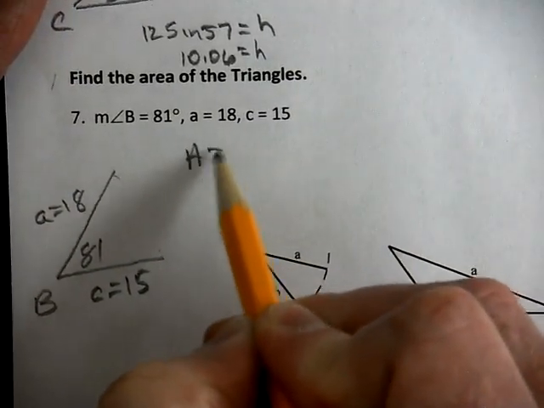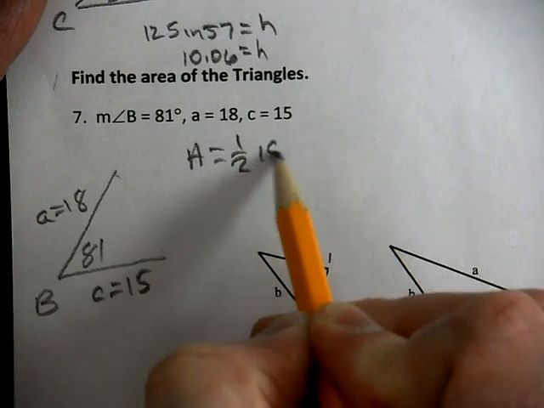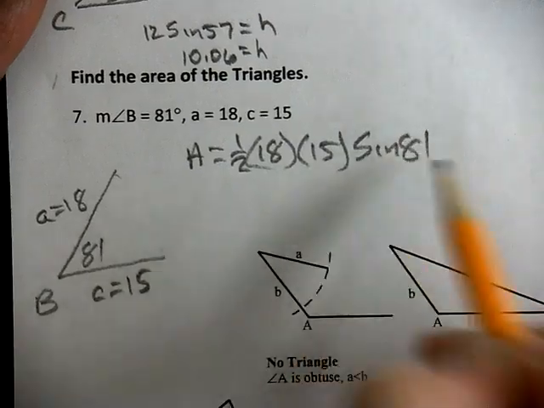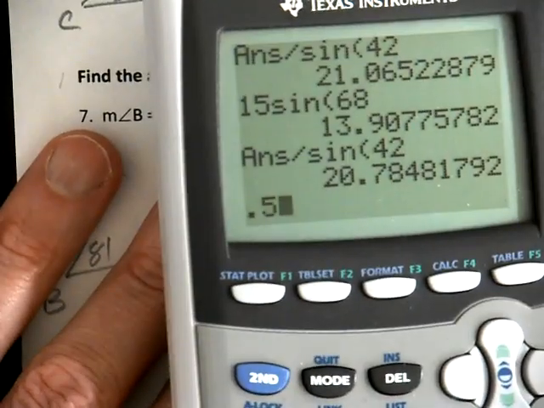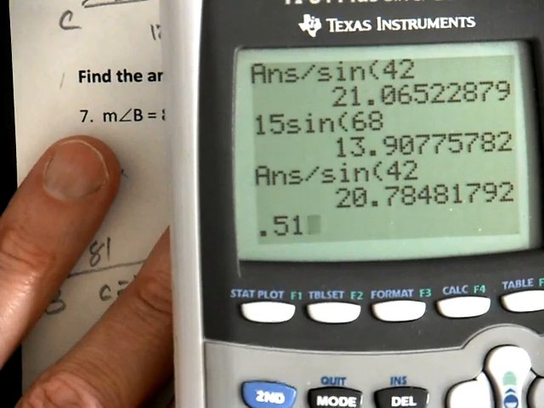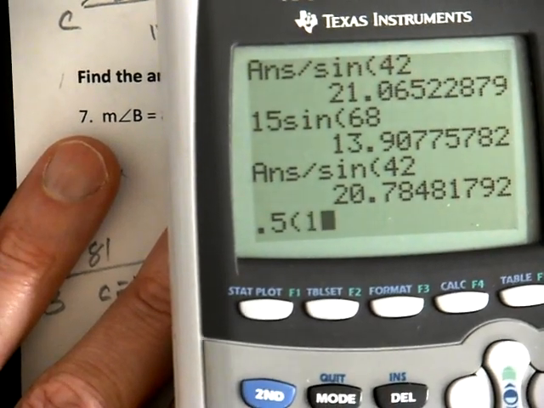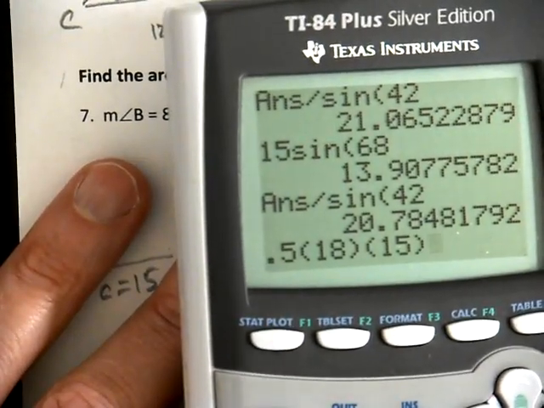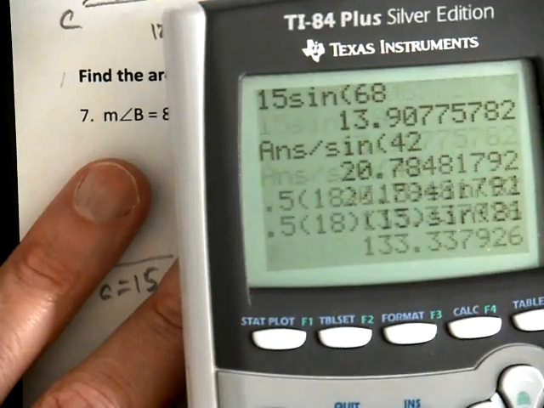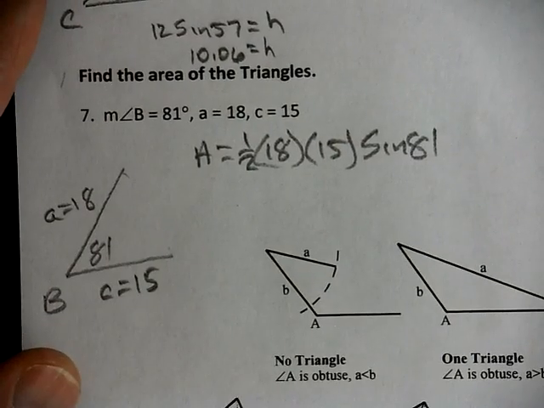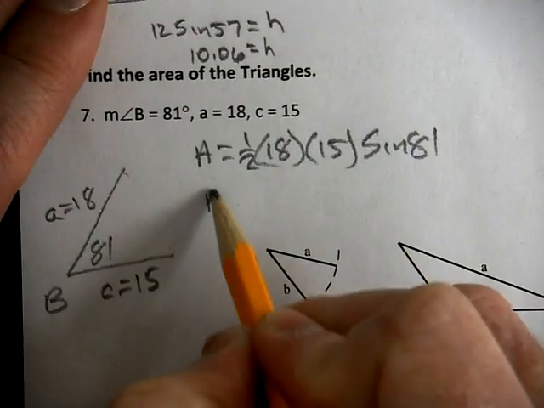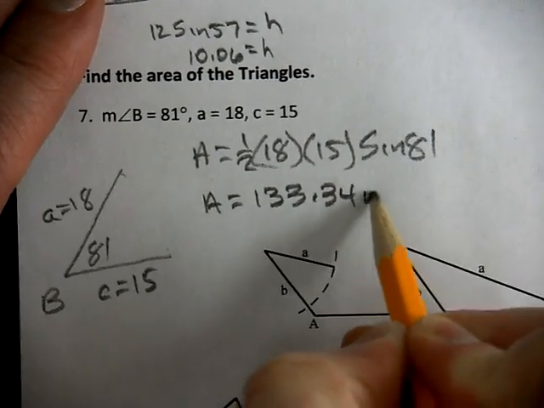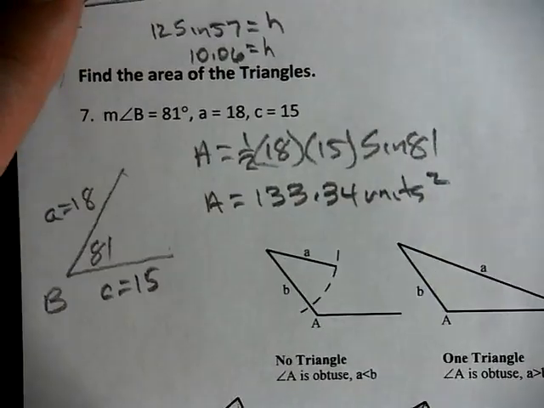We're going to say the area is half times 18 times 15 times the sine of 81. So the area is going to equal 133.34 square units.